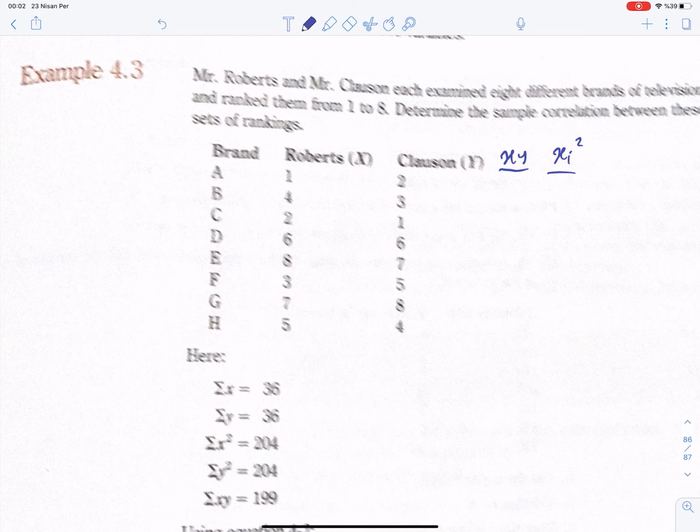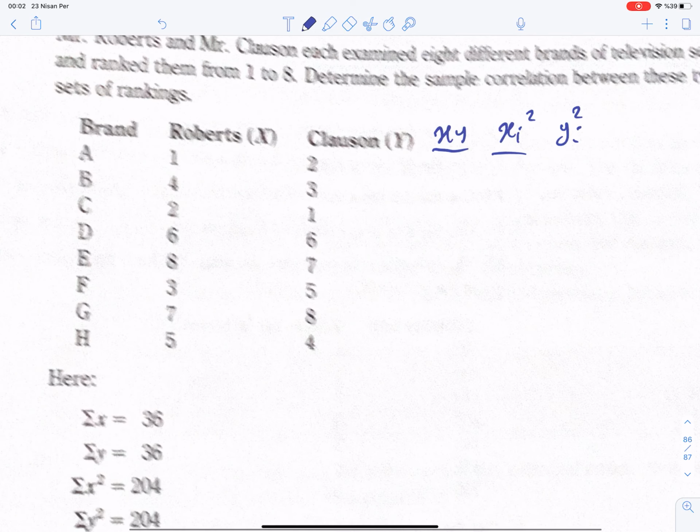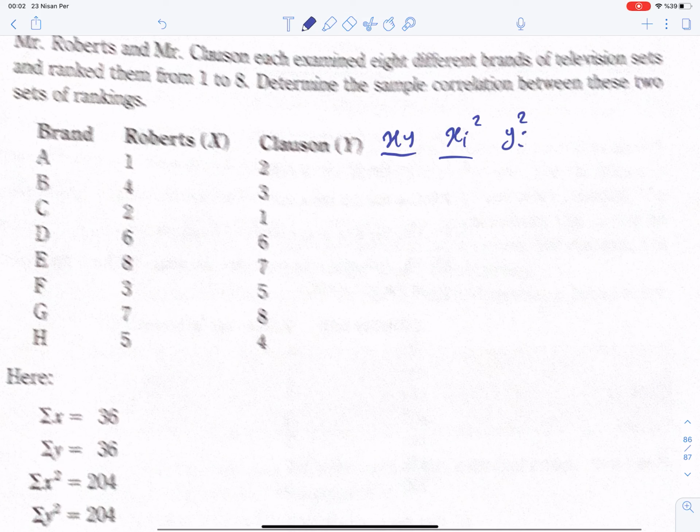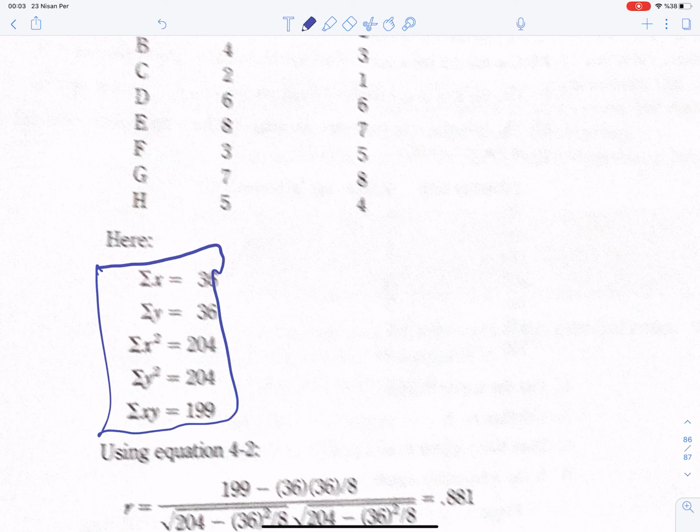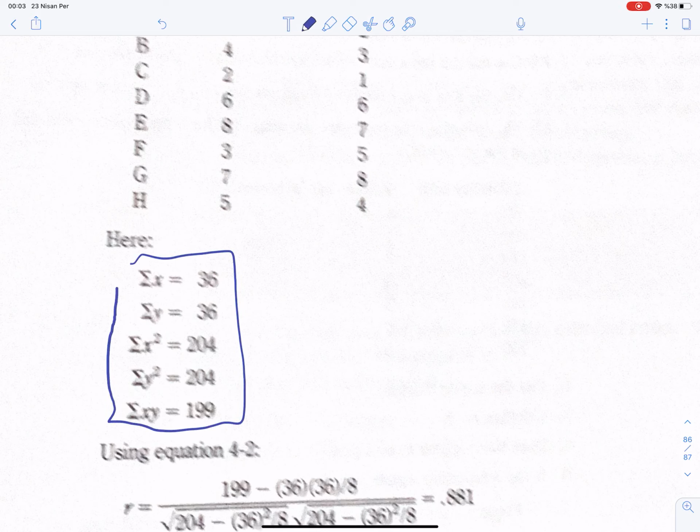And you also have yi square, and you also need to have the sum of xi and the sum of yi. All these are calculated here, so you can check yourself whether this is true or not. Please do check whether all this calculation is perfectly fine.